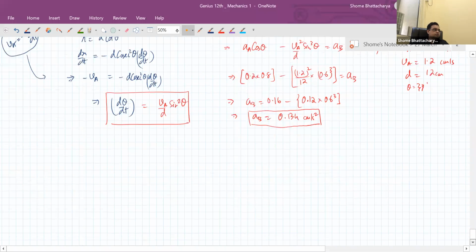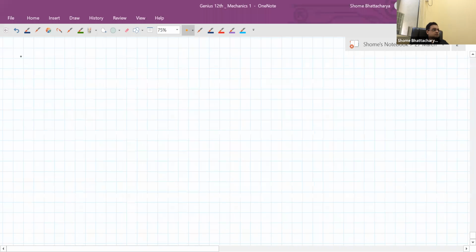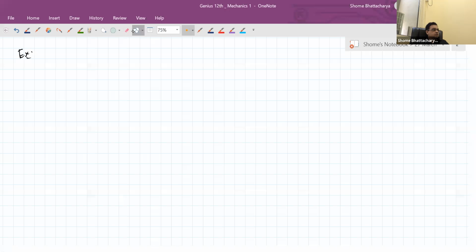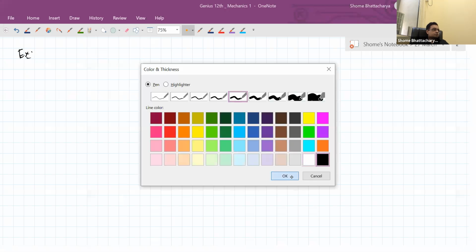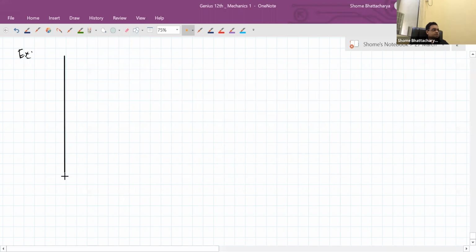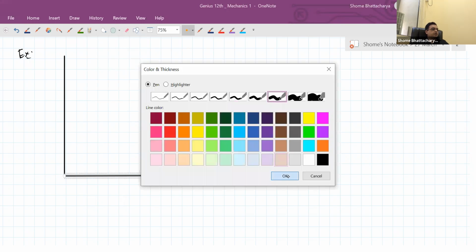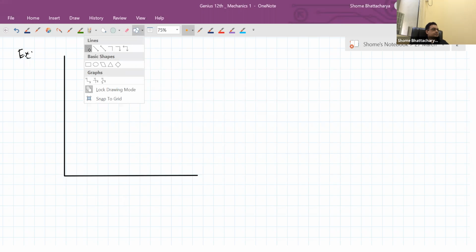So I'll just give you very briefly two other simple examples. I'm sure most of you are very familiar with these things, but I just want to go systematically and do a revision of all essential concepts for our upcoming JEE Advanced.